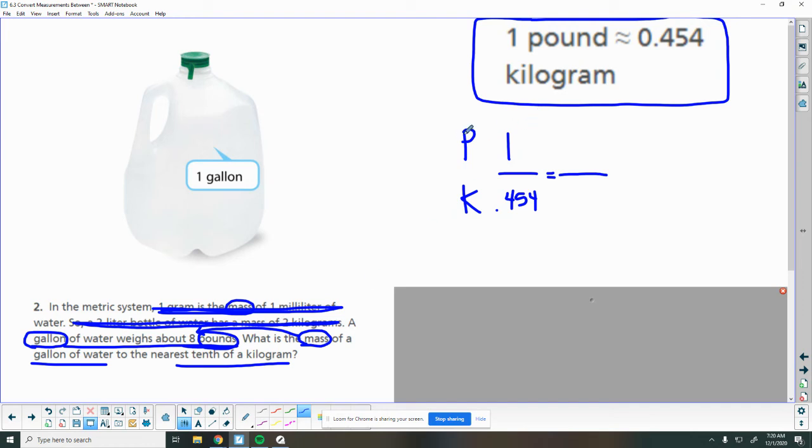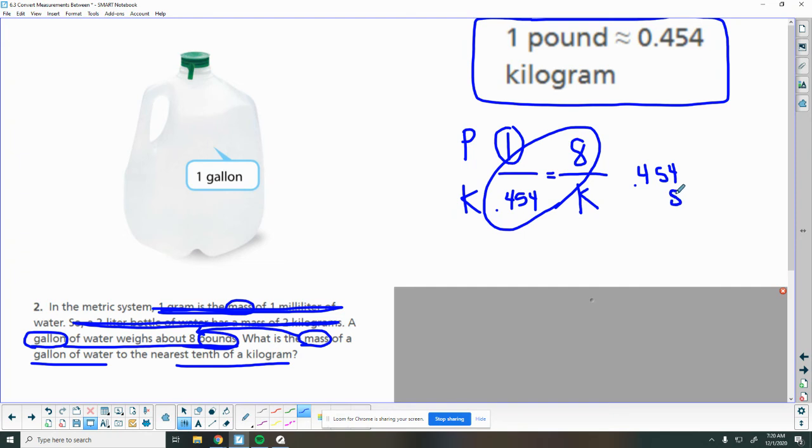So 8 pounds to the nearest tenth of a kilogram. So we're going to multiply by 8 and then divide by 1 will tell us how many kilograms is in here.